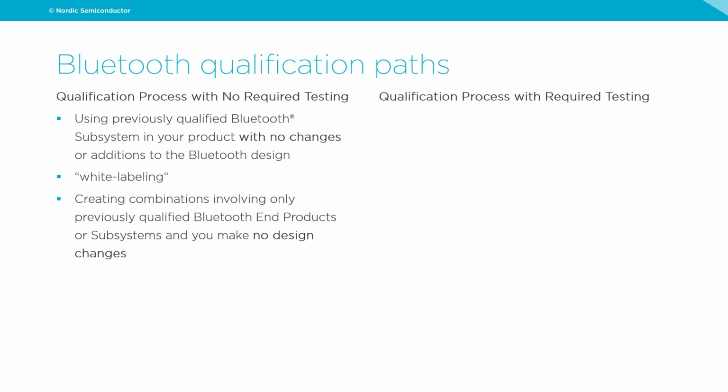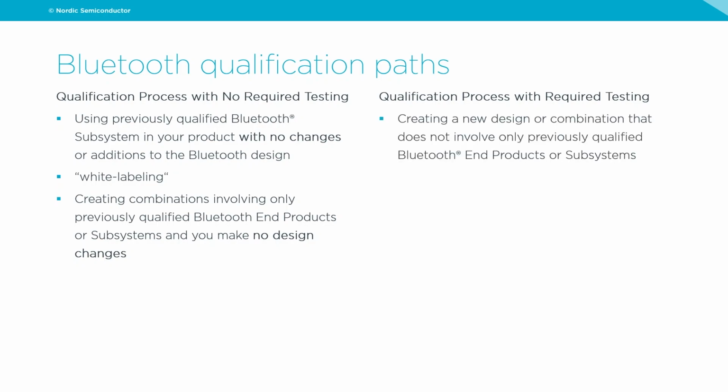The second certification path is referred to as qualification process with required testing. This path is applicable when you create a new design or combination that does not involve only previously qualified Bluetooth end products or subsystems.